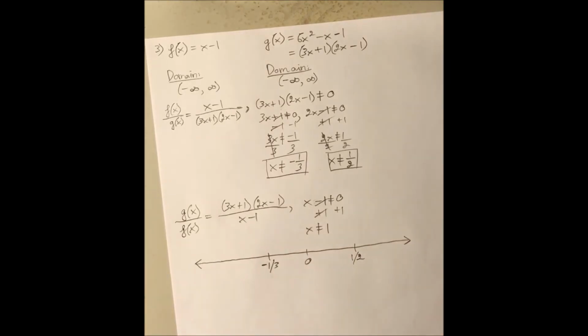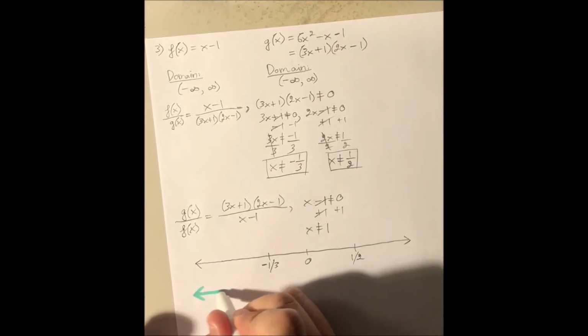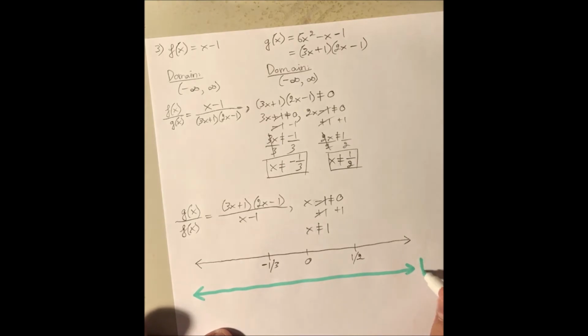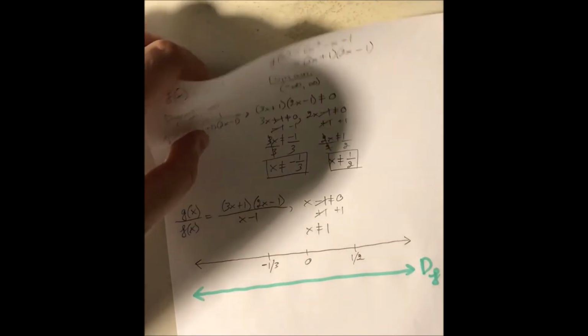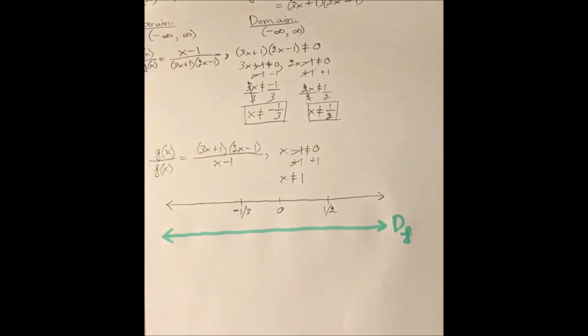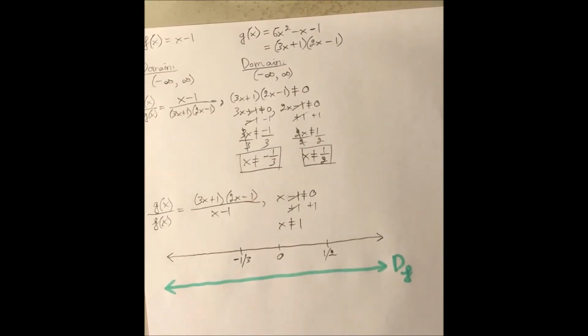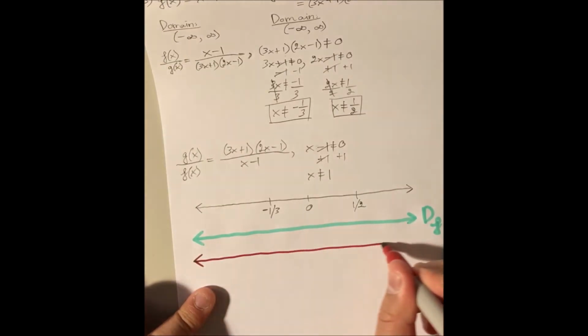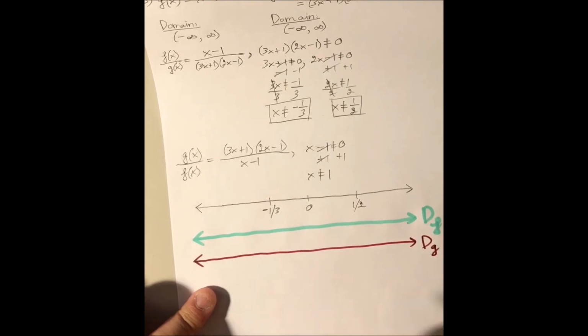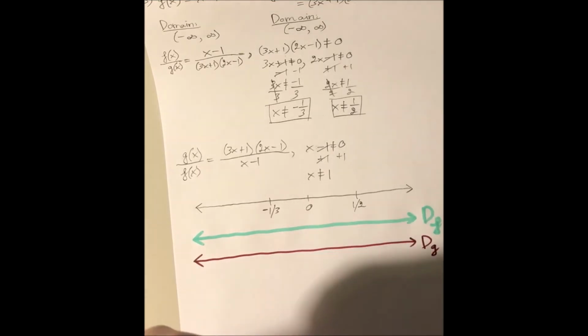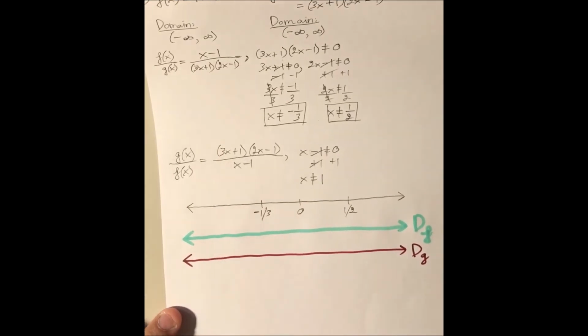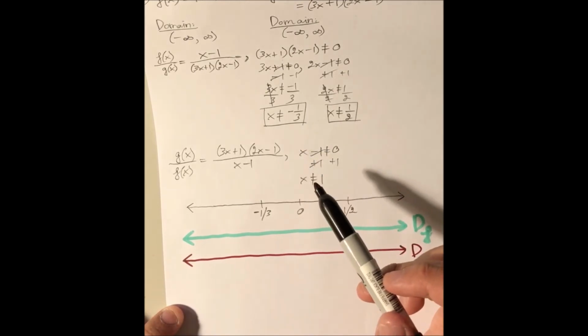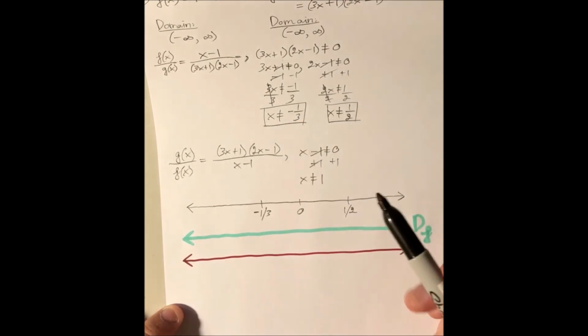Let's sketch the domain of the function f first, which is all real numbers, and the domain of the function g is also all real numbers. However, for f over g, we have these two restrictions: x cannot be equal to negative 1/3 and x cannot be equal to 1/2.